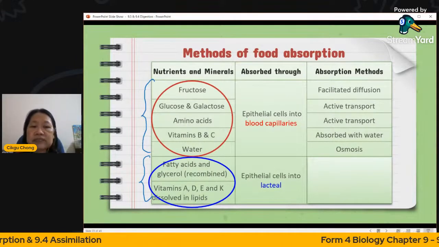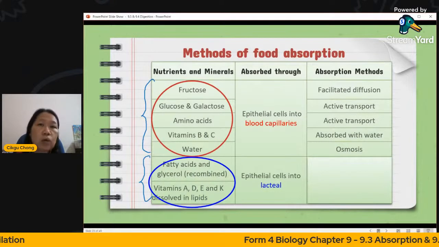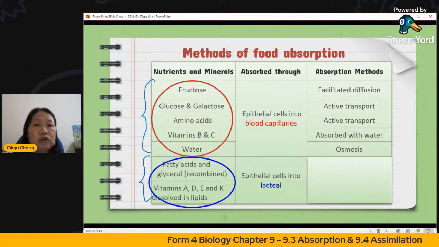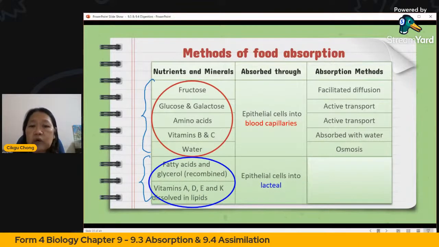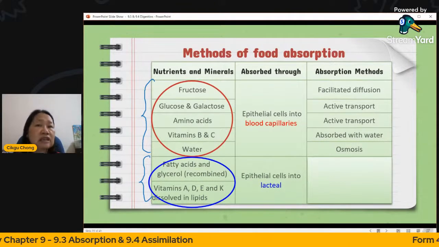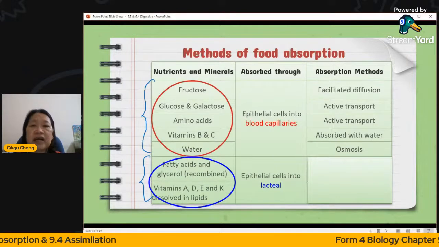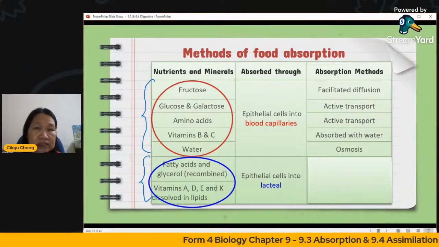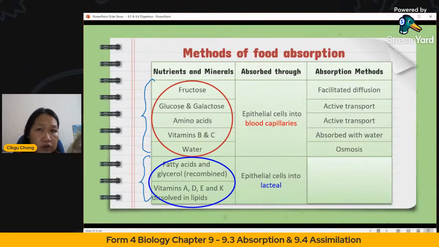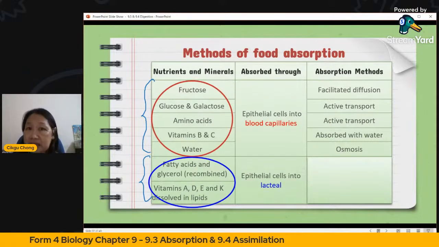And also vitamins A, D, E, and K. These are fat soluble vitamins. They enter the lacteal as well, and then they go into another system, which is actually called the lymphatic system. Now, absorption methods for fat soluble substances. Remember, it goes through the phospholipid bilayer.